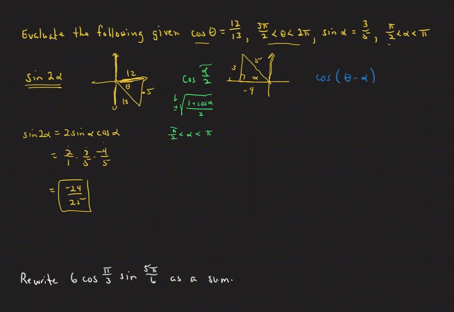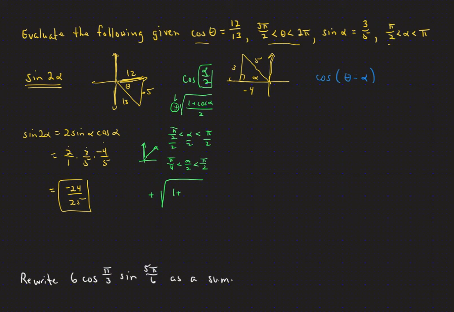So to create this alpha over 2, we're going to divide everything by 2. So that makes alpha over 2 between pi over 4 and pi over 2. That is going to be part of quadrant 1. So that means that our cosine in quadrant 1 is going to be positive. So we're choosing the positive one.